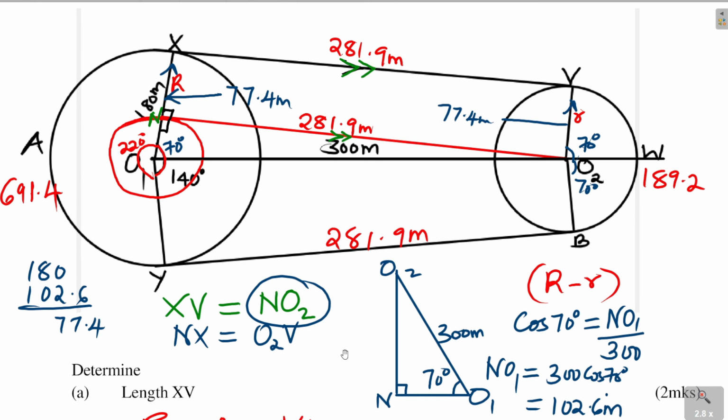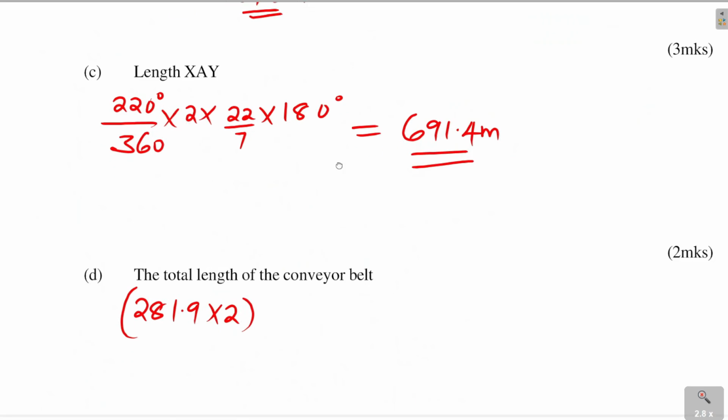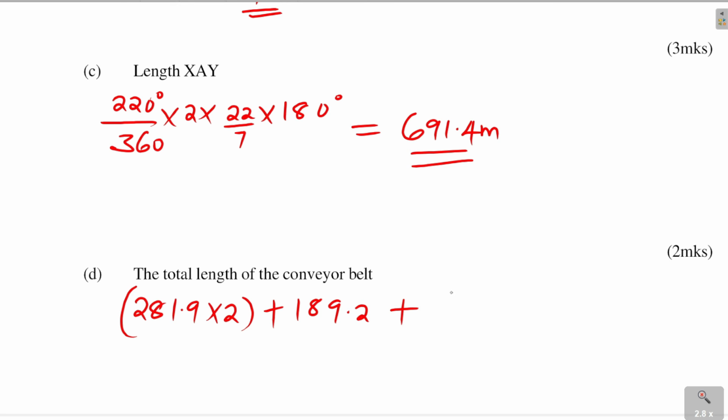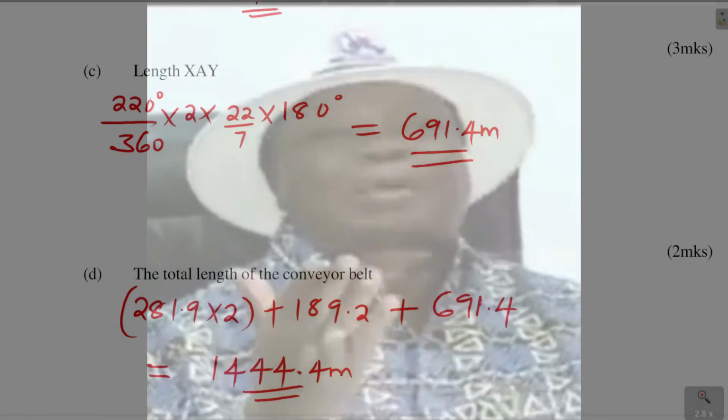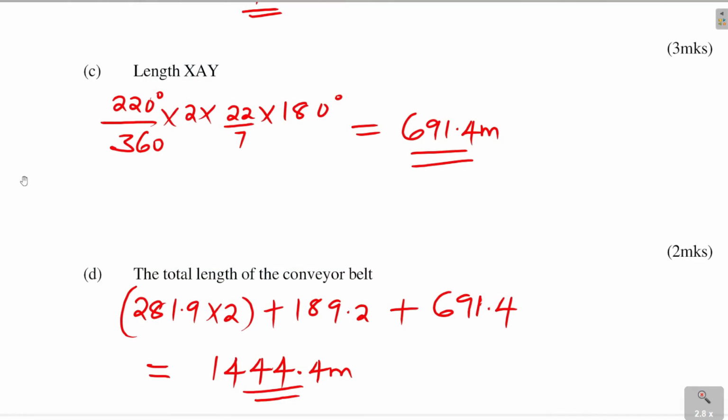Then 189.2, and then 691.4. So we add everything and get 1444.4 meters as the total length of the conveyor belt, and that is how you're supposed to solve that question.